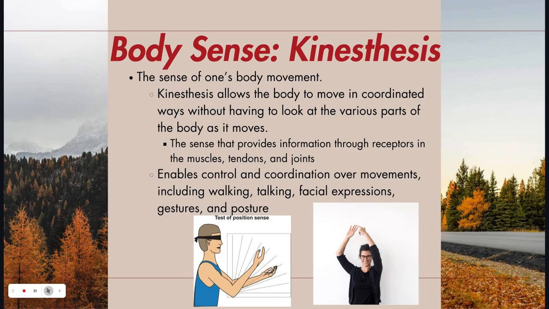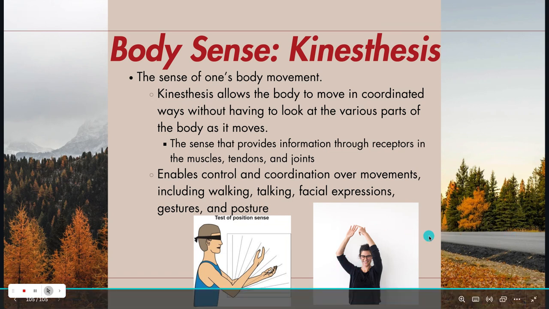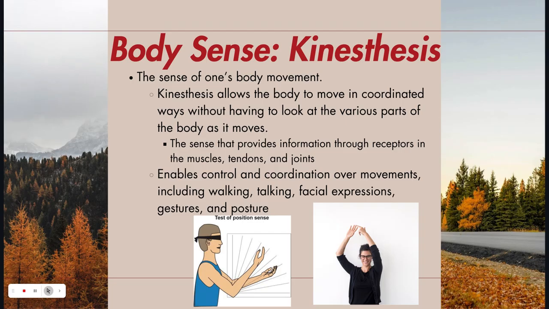Other things this allows us to do: coordination of movements, including things like walking, talking, our facial expressions, our gestures, our posture, etc. Another test you can see in this photo on the right is if you close your eyes, you're likely able to bring your fingers to your nose or touch your hands to each other because we have kinesthesis. We know where our body is in space.